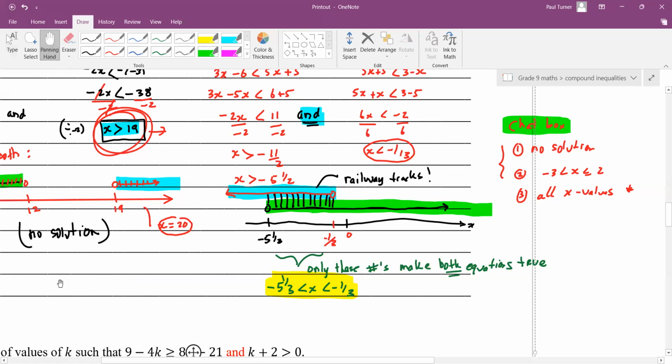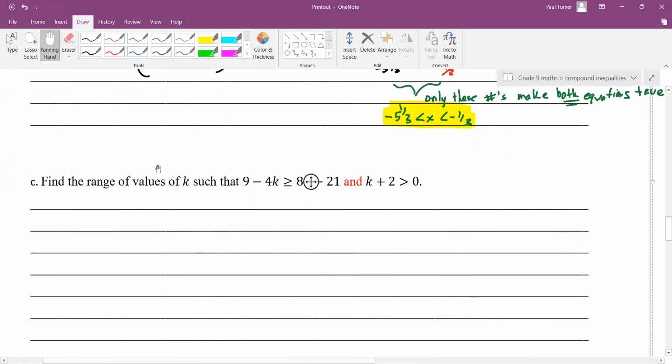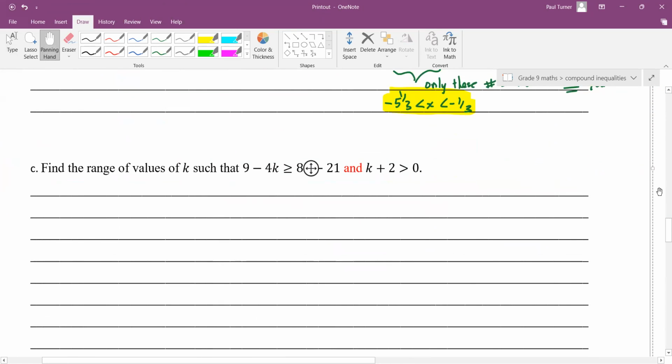So let's go down a little bit. Okay, find the range of values of k such that this and this. So this is the same idea. So in your tablet or your notes somewhere, notebook, copy this one down.